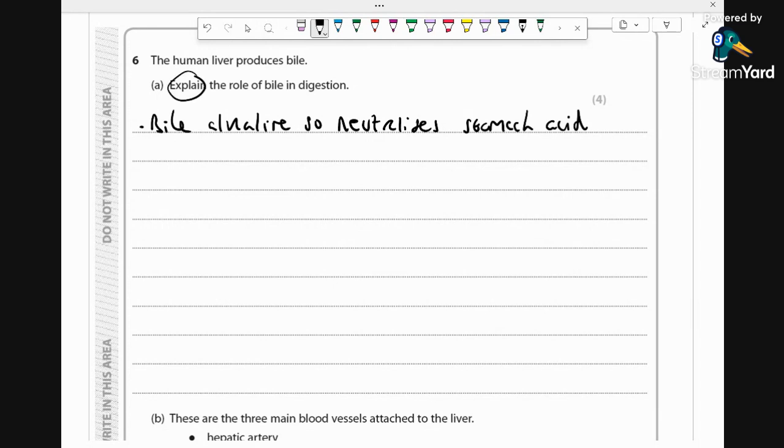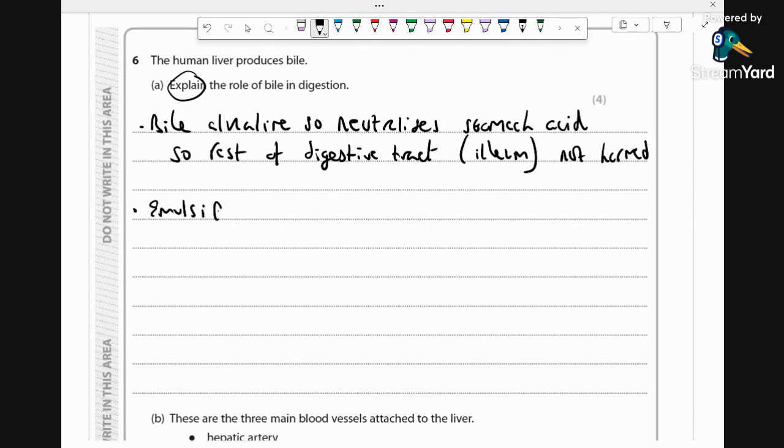Again, to explain it, so the rest of the digestive tract, so things like the ileum, are not harmed. Bile salts also emulsify fats, breaking large fat globules into smaller ones.